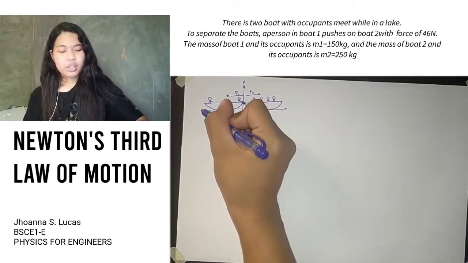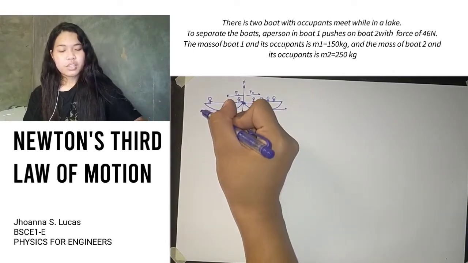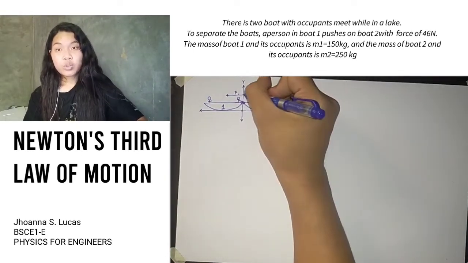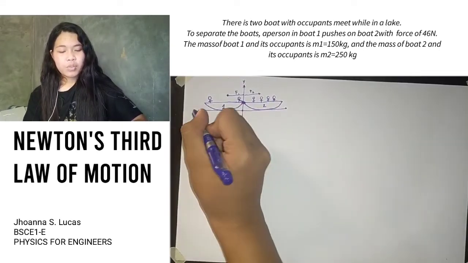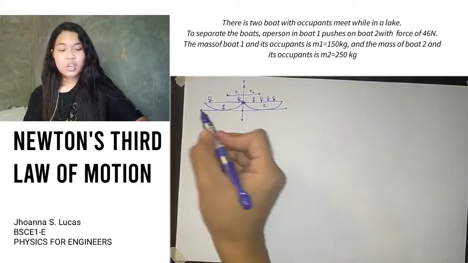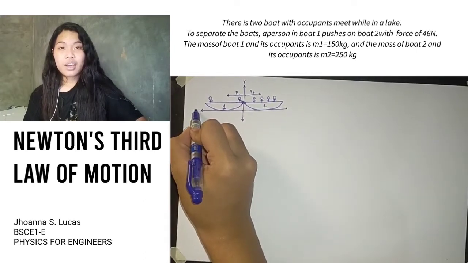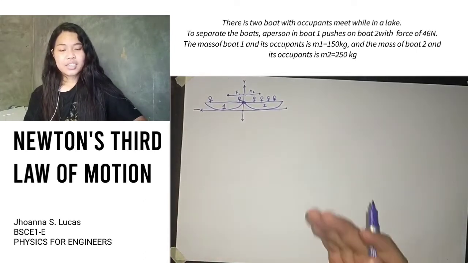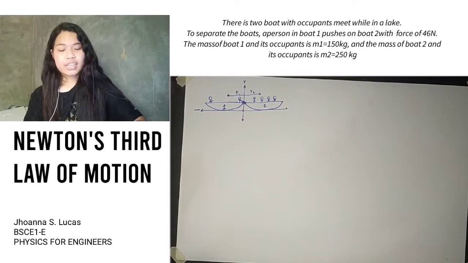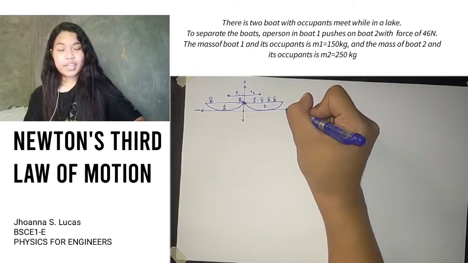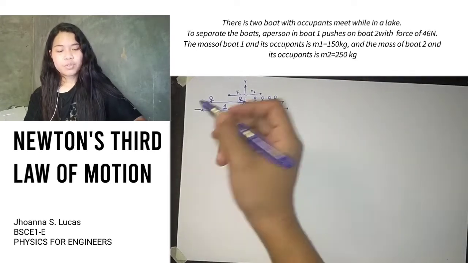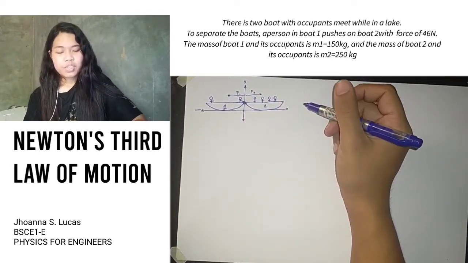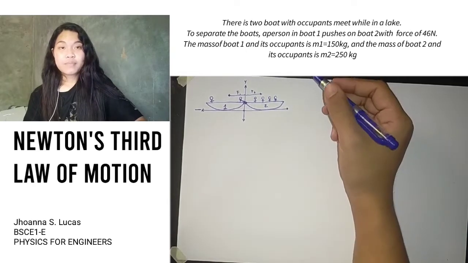Boat 1 is going to the left side of the x-axis. So for this boat 1, we are expecting it to have an acceleration, or a force, that is negative. We are expecting from boat 1 a negative force, since it is going to the left side.